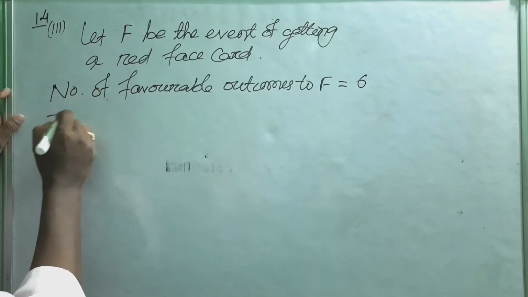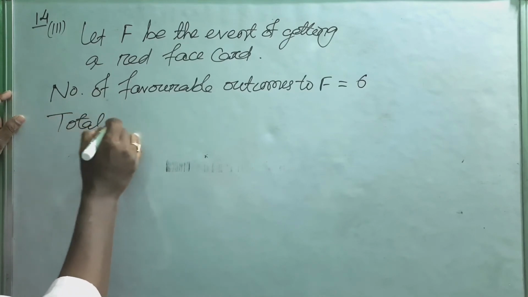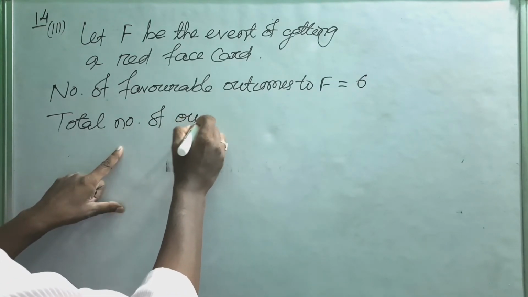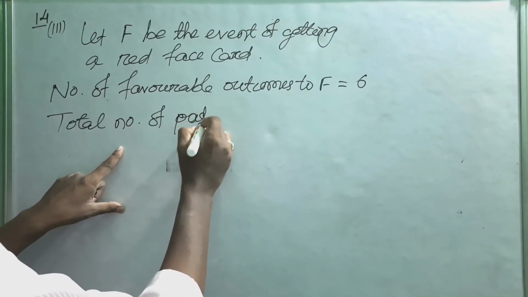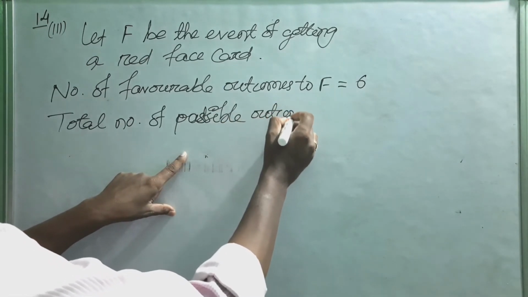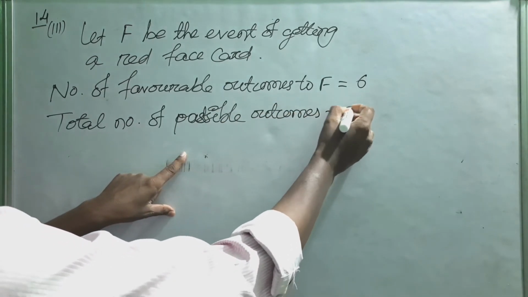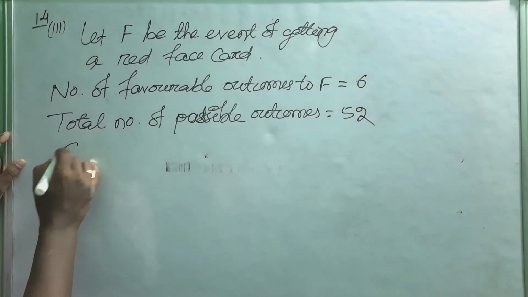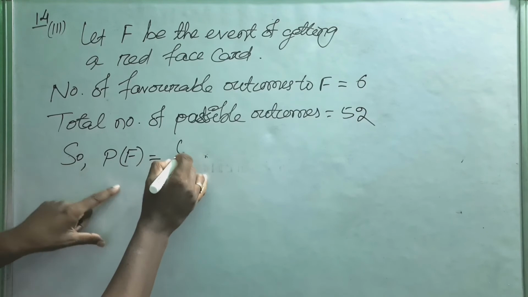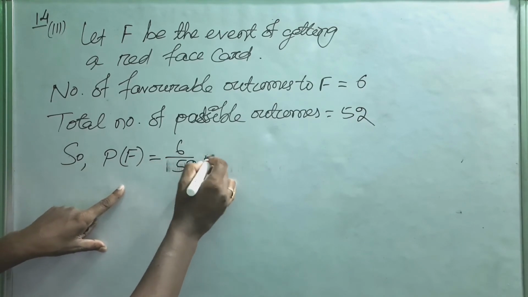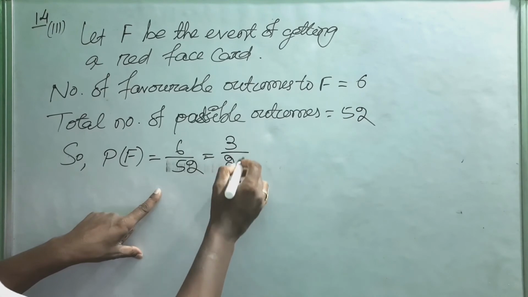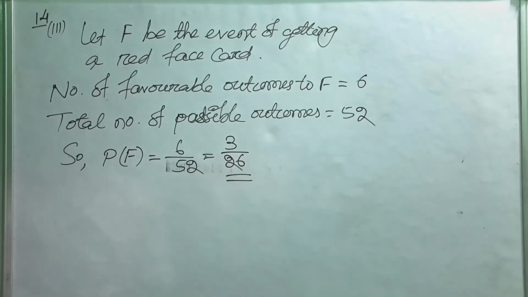Now the total number of possible outcomes is equal to 52. So the probability of F is equal to 6 by 52. If you cancel with 2, you will get 3 by 26. So this is our answer.